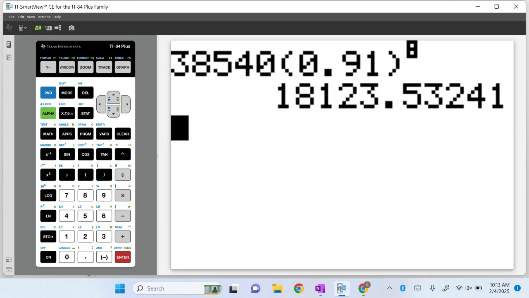So if I round that answer to the nearest dollar, what would that be? Think about it. Will you have any cents if I round to the nearest dollar? No. So that means the decimals will be gone. So if I want to round to the nearest dollar, what's my answer?